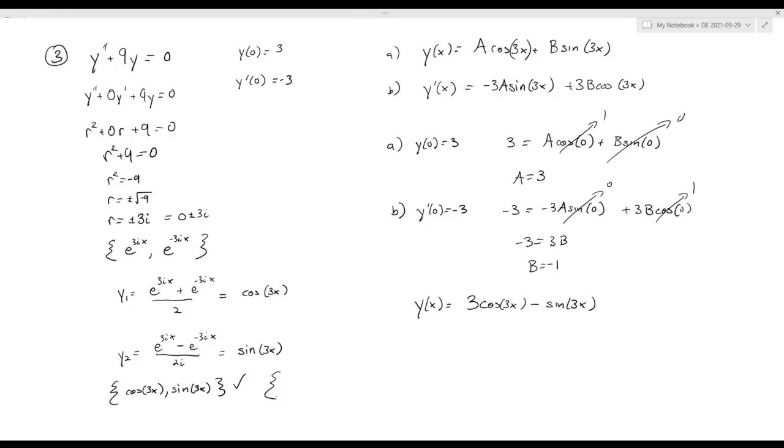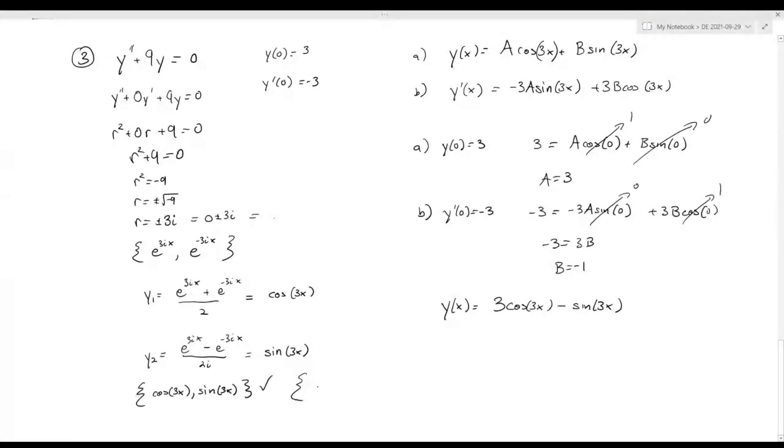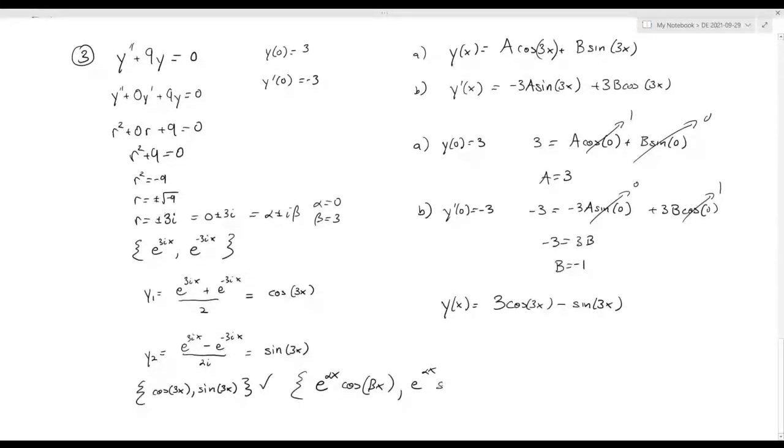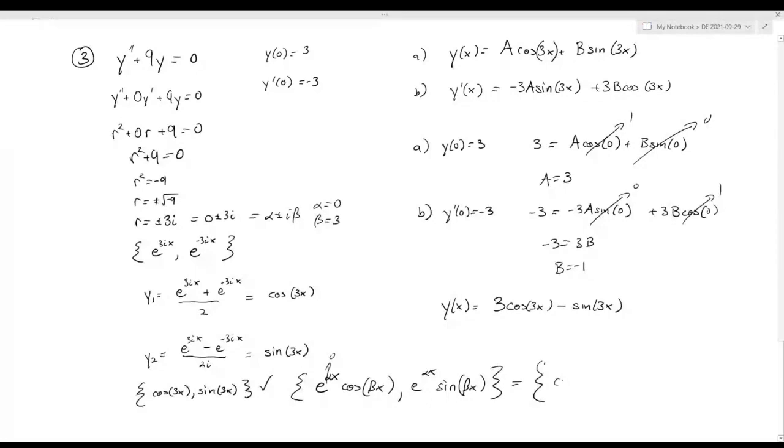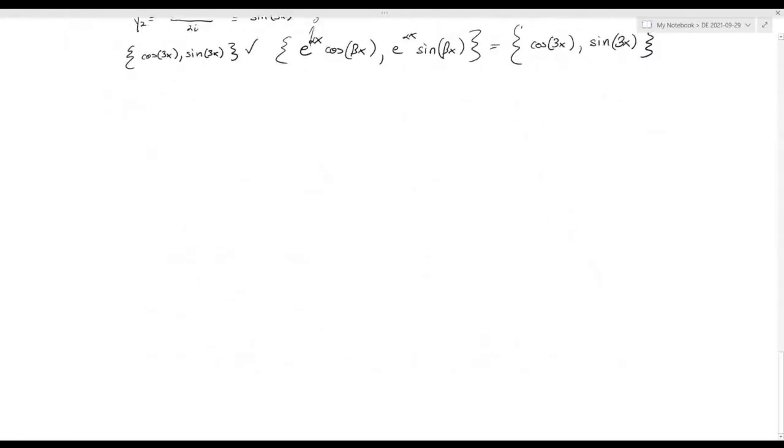So alpha here is 0, beta is 3. So we get e to the alpha x times cosine beta x, and then e to the alpha x times sine beta x. Since alpha is 0, e to the 0 just goes away, and beta is 3.